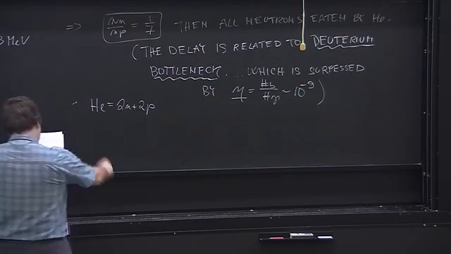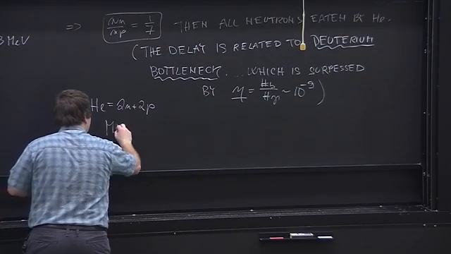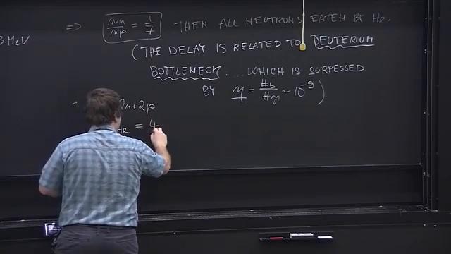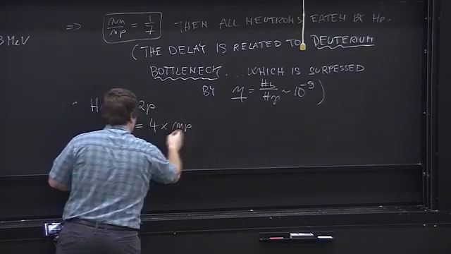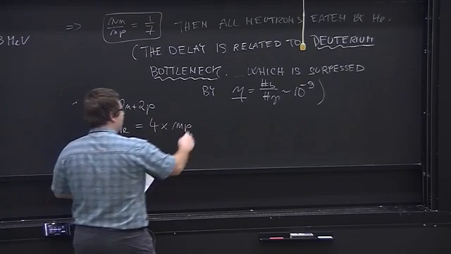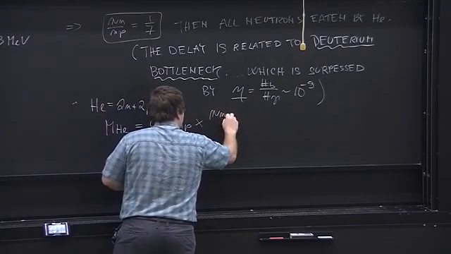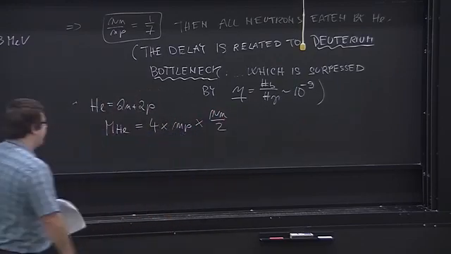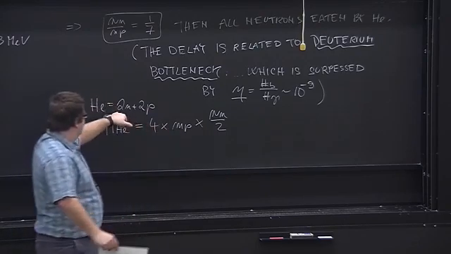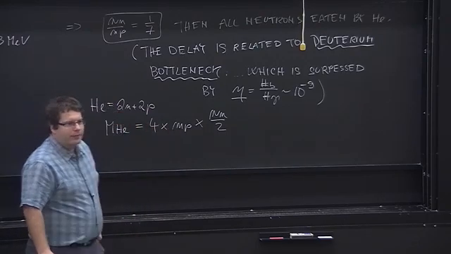That means that the total mass in helium is 4 times, for this calculation you can treat the mass of the proton as equal to the mass of the neutron, 4 times the mass of the proton, times the number density of neutrons divided by 2, because each helium has 2 neutrons.